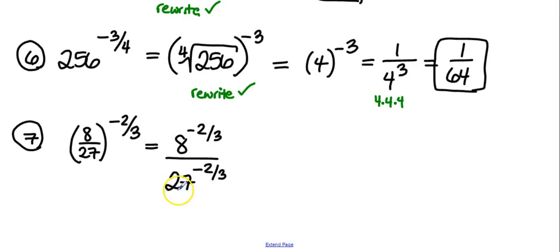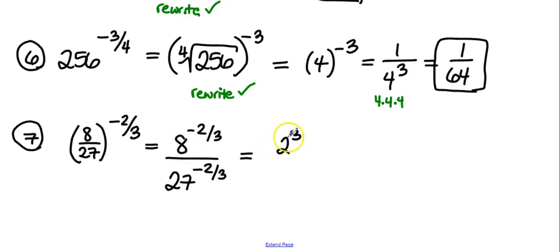The strategy here is, can we rewrite 8 somehow? 8, I know, is 2 to the 3rd. And that is something that will come with practice in terms of a strategy. But for the purpose of notes, this is purely notes. I do not expect number 7 to be prior knowledge. So don't think by the time we finish this that it's like, oh, I was supposed to know. No. Nope. This is new notes, new learning. This is a new strategy.